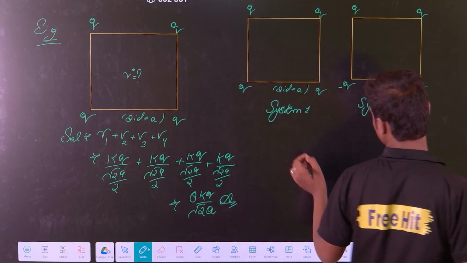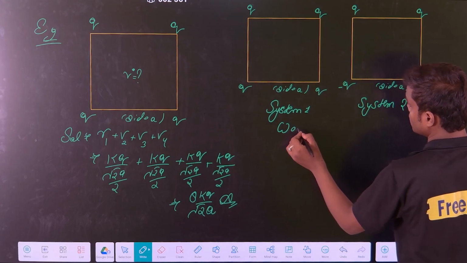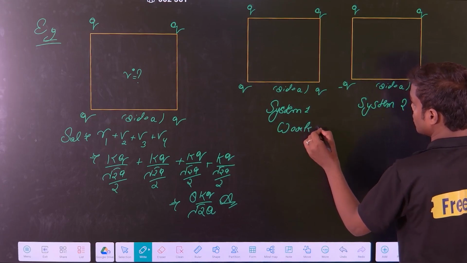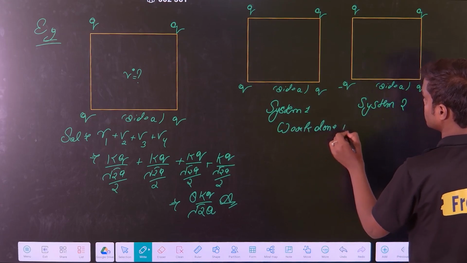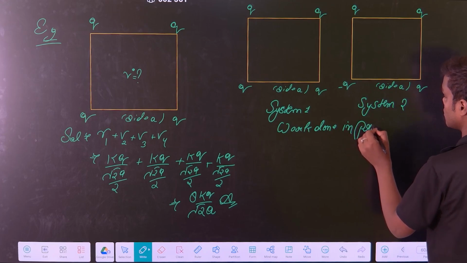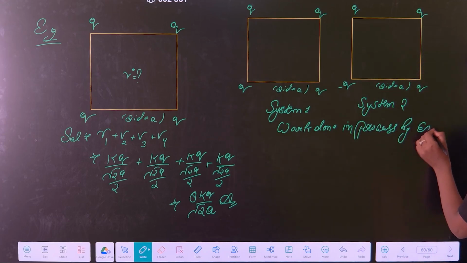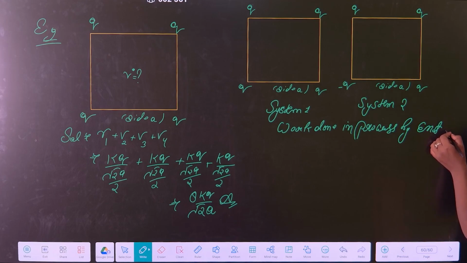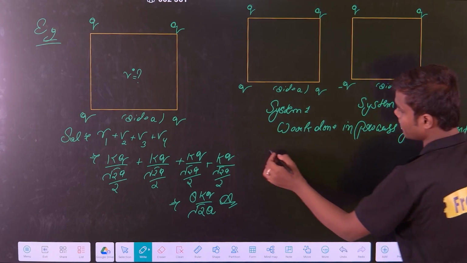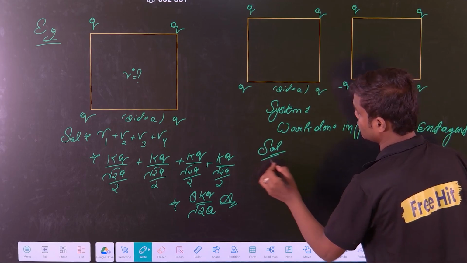I ask you, what is the work done in this process by the external agent, because the external agent will do some work to make this system, obviously. So how do we calculate this work done? Simple.